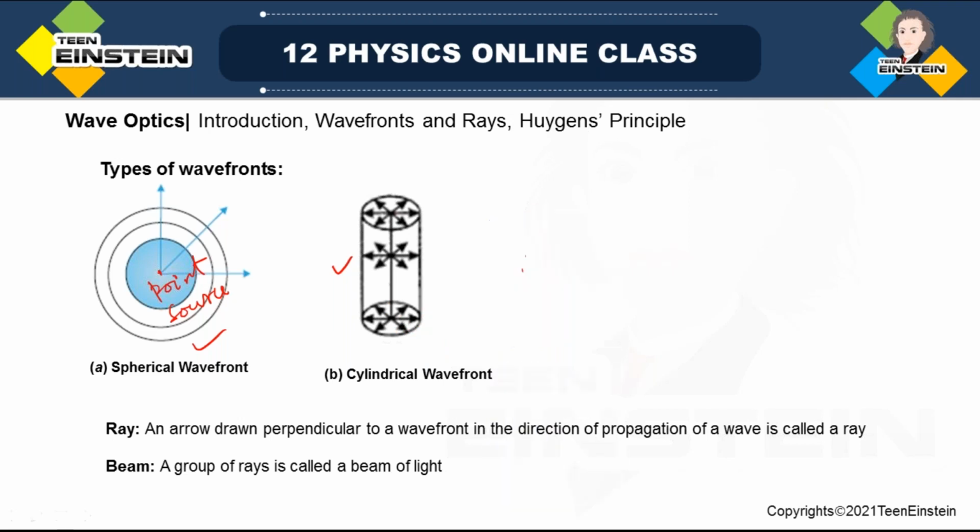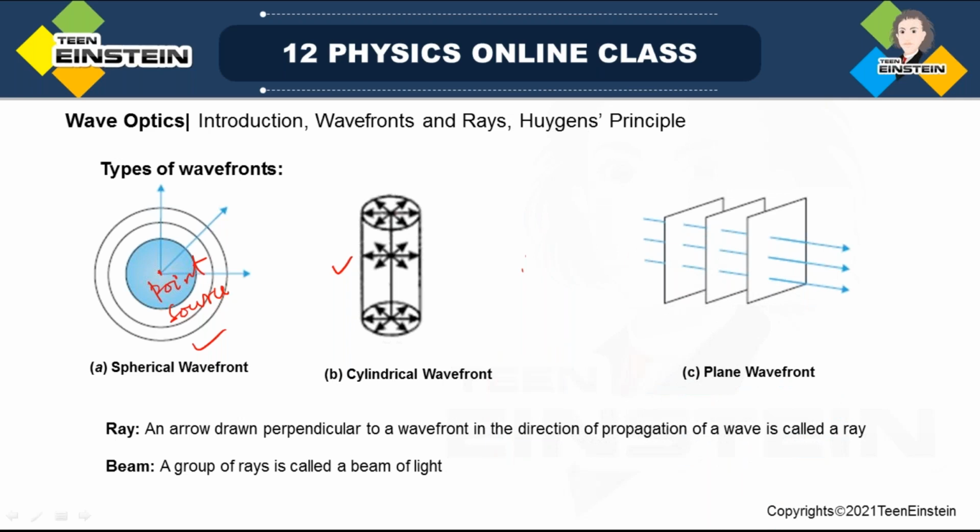Now we have got a spherical wavefront and a cylindrical wavefront. Now look, suppose my point source of light is very far away, then from very far away we can see only a part of the spherical surface, like this.